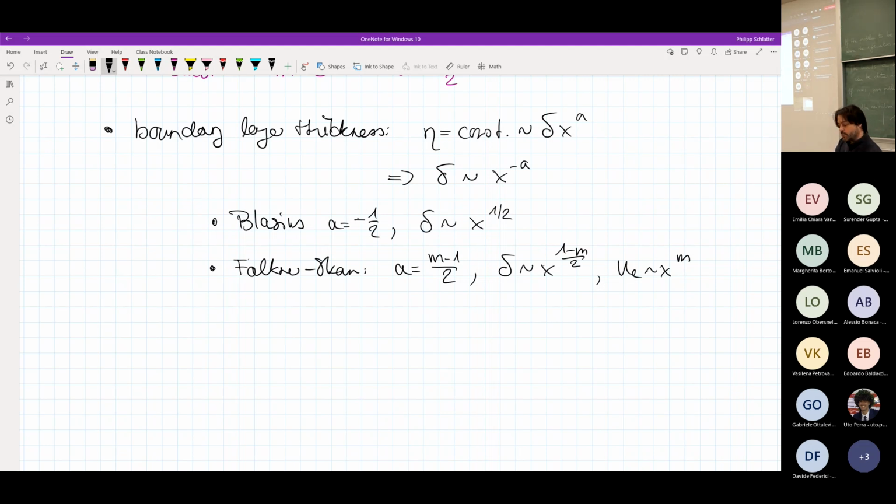But now the question is, what would be a decelerating boundary layer? Would that be positive m or negative m? So if the free stream velocity is decelerating, it would be a slightly negative m, so that it goes down. What would that mean for delta?